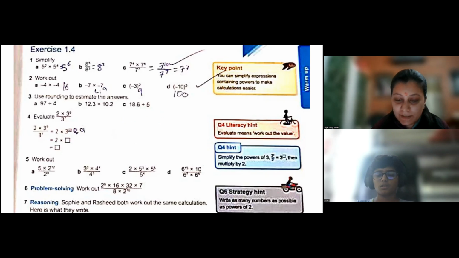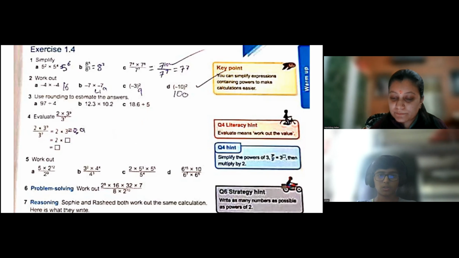So this you only have to remember, that minus minus will become plus. Similarly, for the B part, minus 7 and minus 7, minus minus again will become positive, right? 7 into 7 will give us 49. Correct.